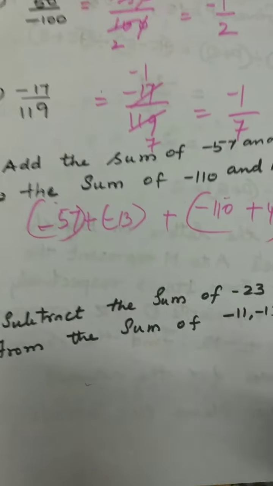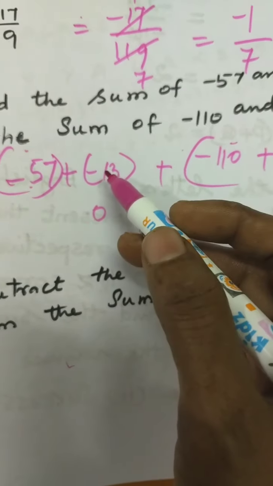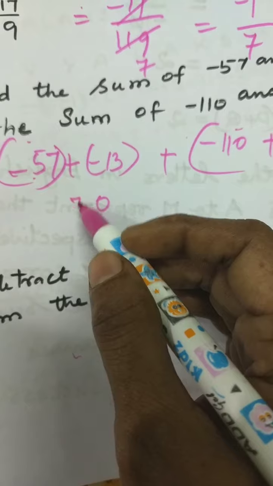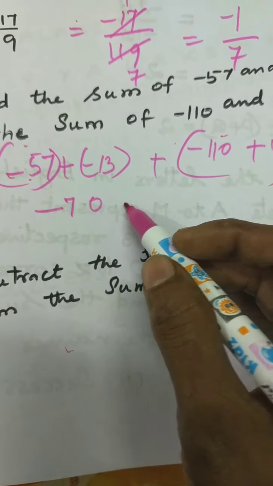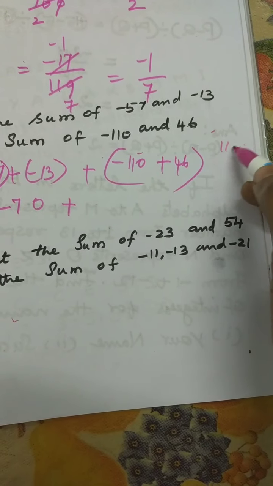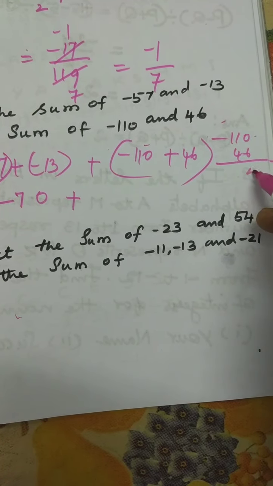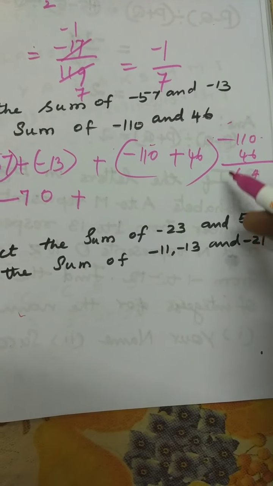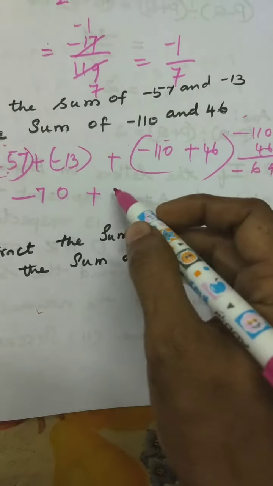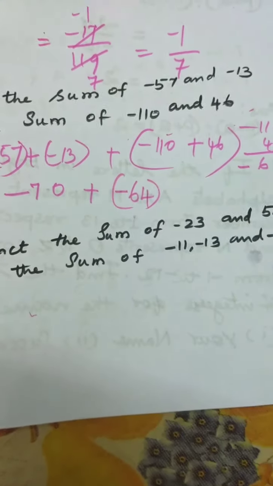First, minus and minus you have to add: 0, remainder 1, 2 plus 5, 7. Minus 70. Plus here 110 minus 46 is 64. Then the bigger number is minus, so minus 64.